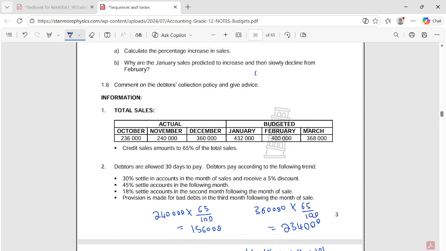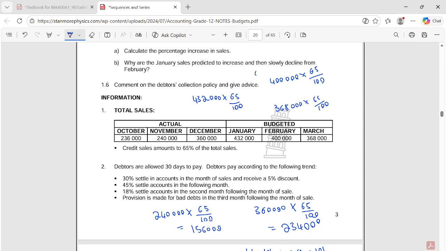For January, I'm having 432 multiplied by 65 over 100. For February, I'm having 400,000 multiplied by 65 over 100. For March, I'm having 368 multiplied by 65 over 100.